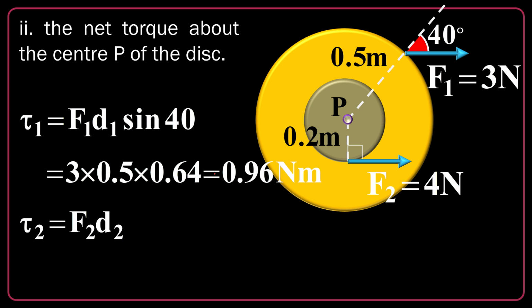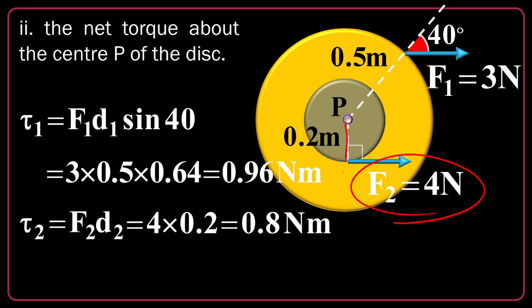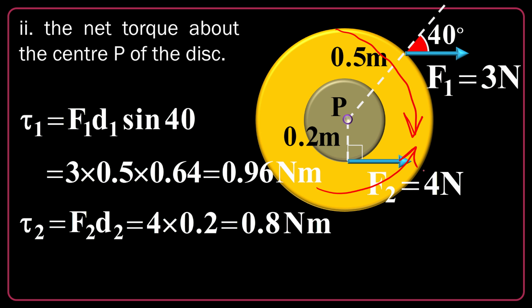The other, tau 2, the torque of the second one, is very easy. Just F2 times the perpendicular distance. It has 0.2, and that's easy, 0.8. But be noted that they have opposite directions of rotation. Basically, F1 tries to rotate the system clockwise, but F2 tries to rotate it anti-clockwise.